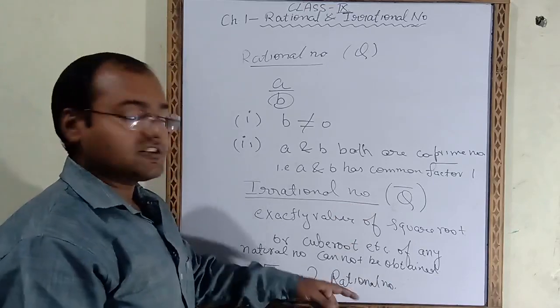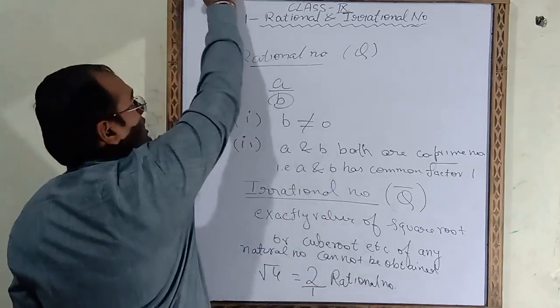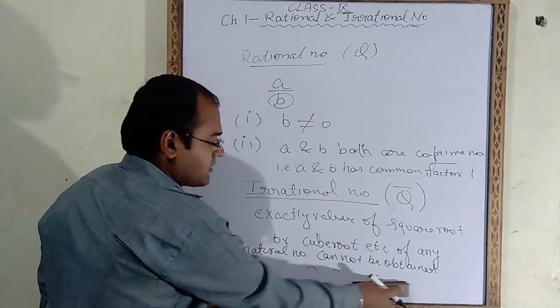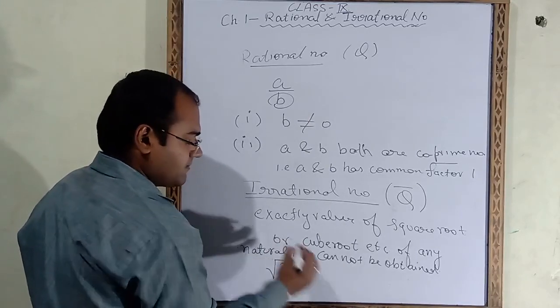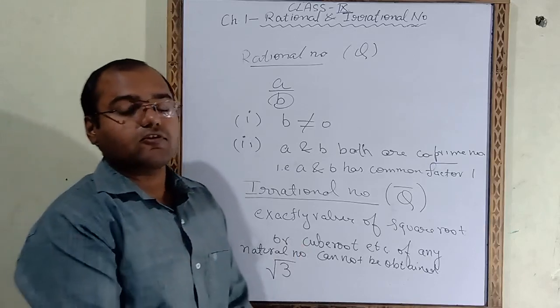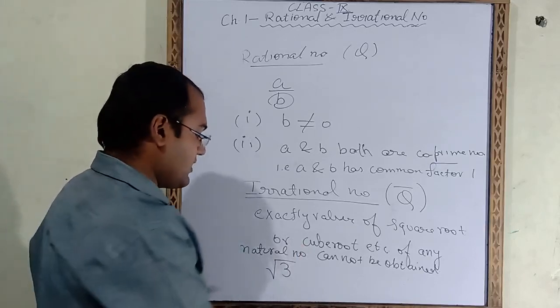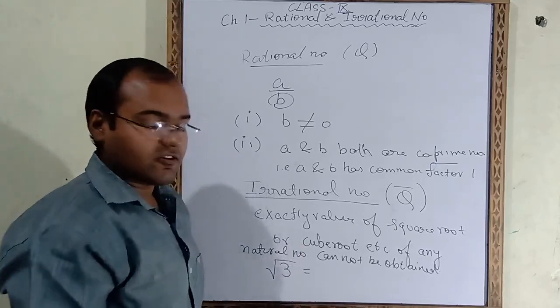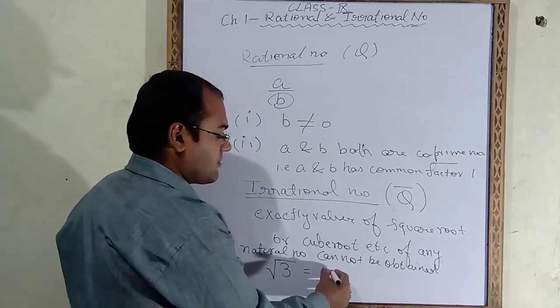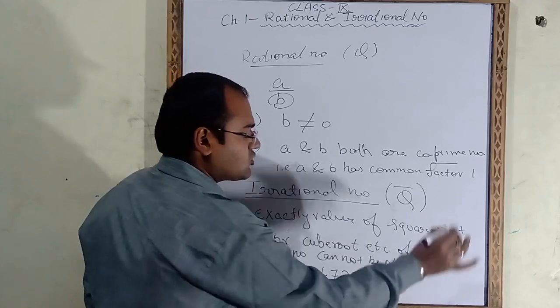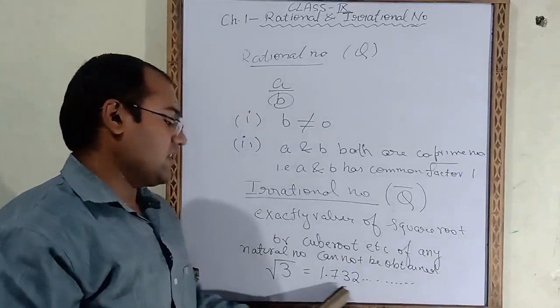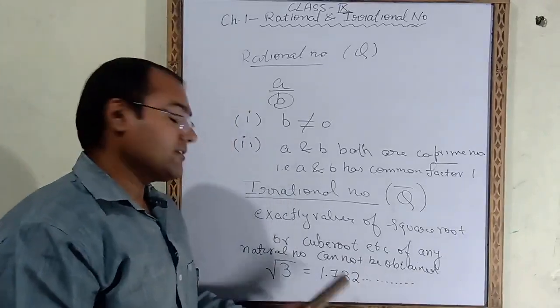Now let's take one example of an irrational number. Suppose I take the square root of 3. If we try to find the square root of 3, we will not get the exact value. The answer will be like this: 1.732 and so on. This answer will continue, it will not end.